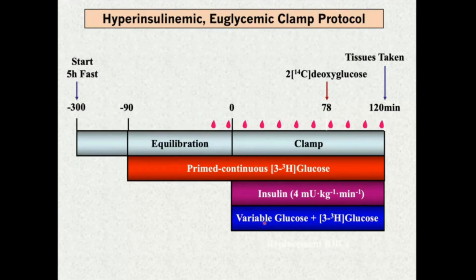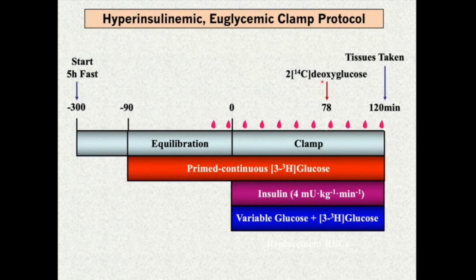Now, of course, we infuse variable glucose, and we include tritiated glucose with that infusion to keep specific activity, that is the ratio of radioactive to cold glucose, in a steady state. And this makes our computational end stronger.